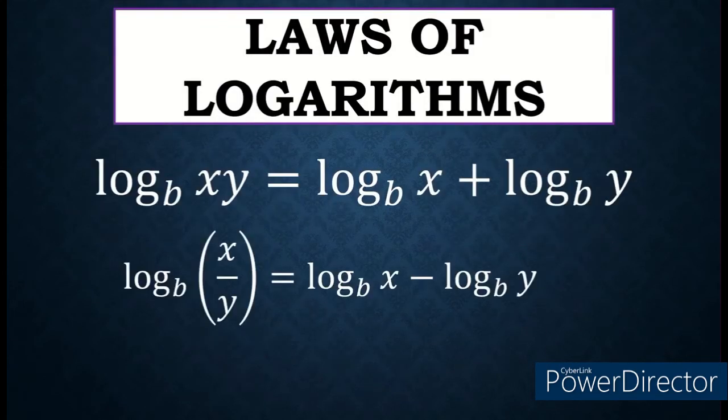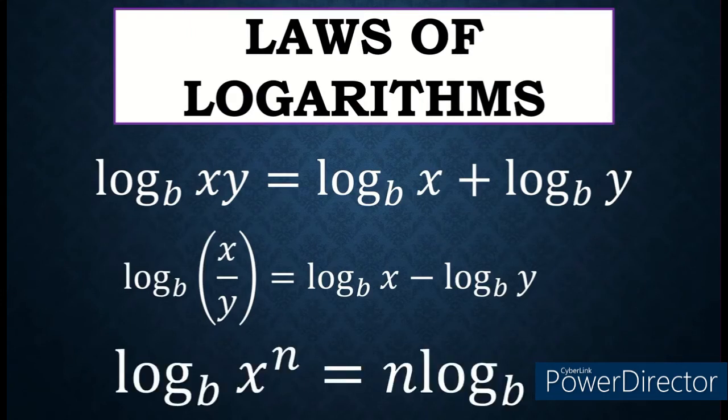Okay, so remember that we have 3 laws of logarithm. The first one is the logarithm of a product. It says that logarithm xy with base b is equal to log x with base b plus log of y with base b.